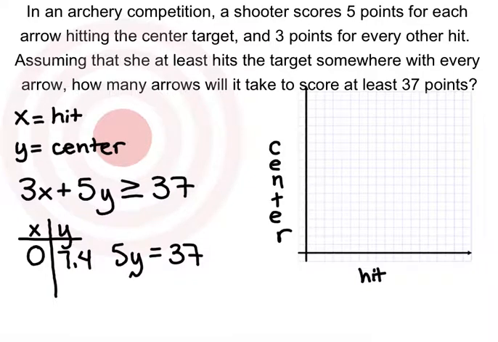Now I'm going to repeat this process, but I'm going to let y be 0. Well, 5 times 0 is 0, so I'm left with 3x equals 37. If I take 37 divided by 3, I get 12.3 repeating, which is 12 and 1/3, but I'm just going to put 12.3 repeating.